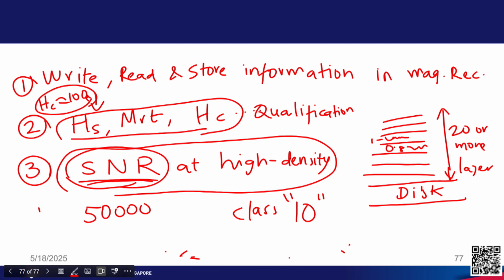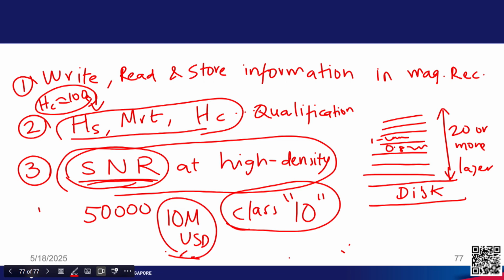Okay. But if you go to a class 10 clean room, within that volume you will probably find 10 particles. Okay. So, people make all these discs in class 10 clean rooms using sputtering equipments that cost around 10 million US dollar.